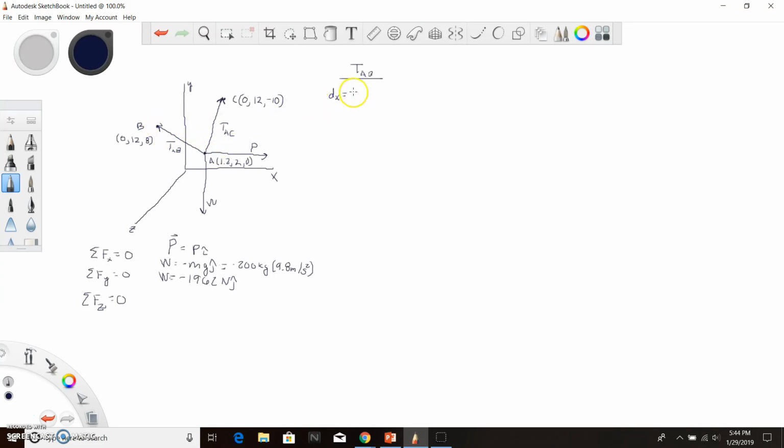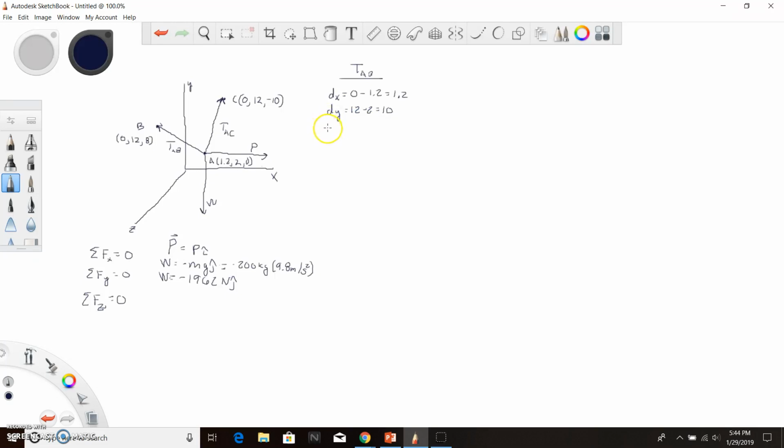So this is going to be 0 minus 1.2, so D sub x is going to be negative 1.2. D sub y then is going to be from where I end, so 12 minus 2. That's going to be 10.